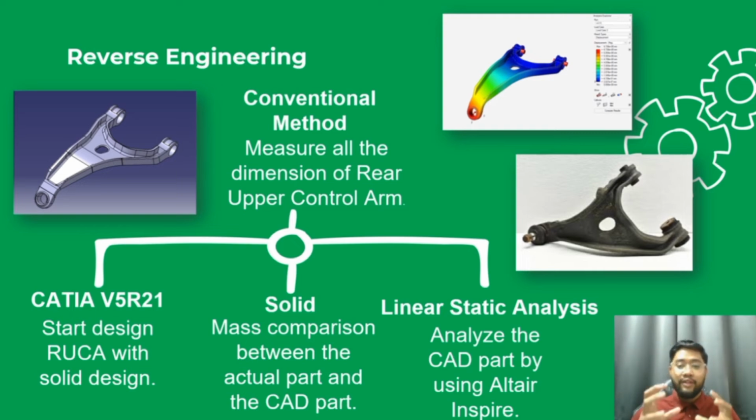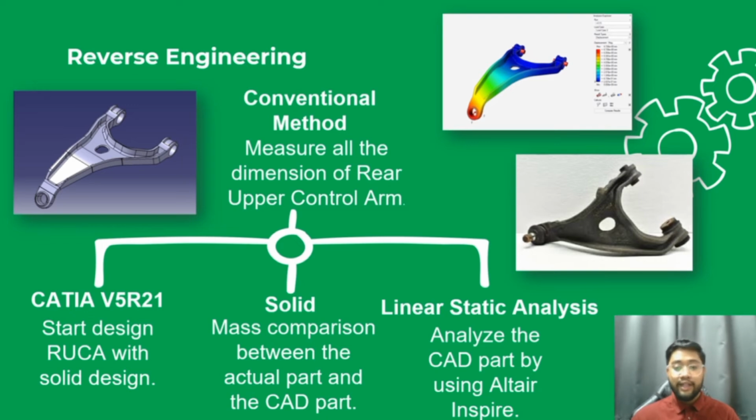After that, I convert the measurements into CATIA. Using CATIA, I start designing the rear upper control arm with a solid design based on the measurements before. From the picture, I have done the actual part in CATIA.